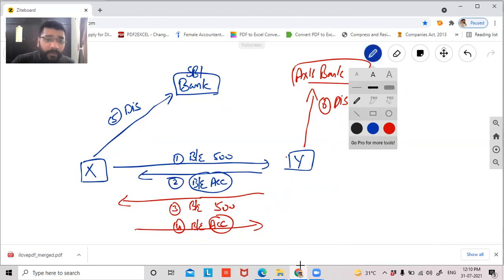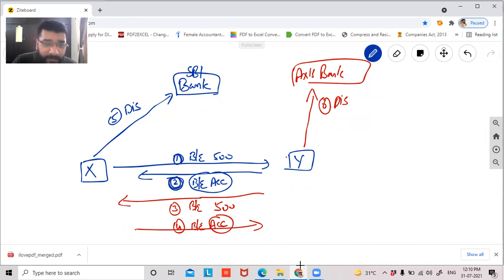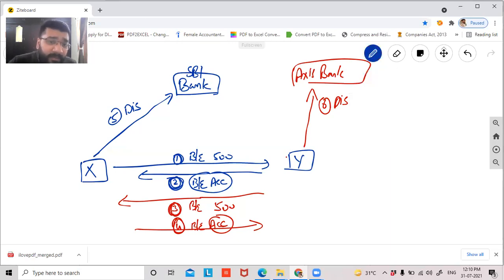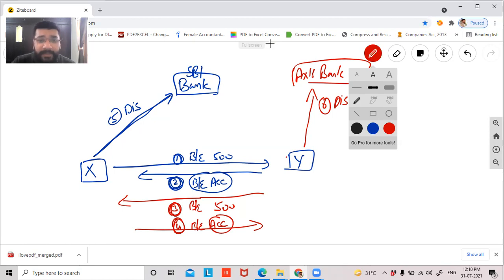Yes, sir. X is drawing a bill on Y, and Y is accepting this bill. Then Y is drawing a bill on X, and X is accepting. X takes the bill received from Y to his bank and gets it discounted. And Y takes whatever bill he got to his bank and gets it discounted.